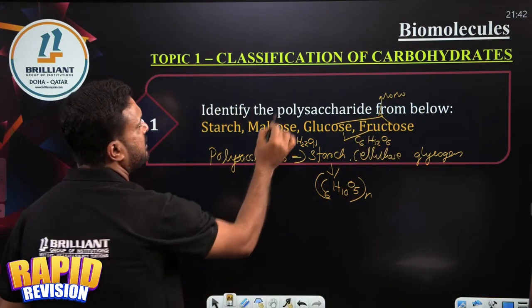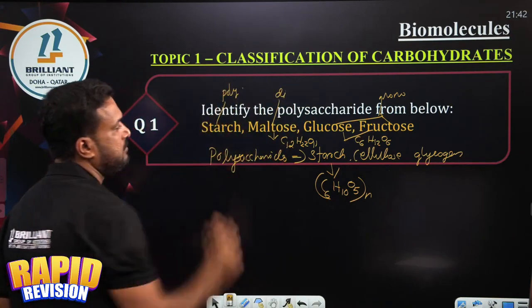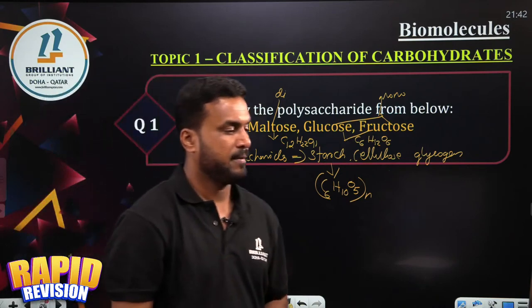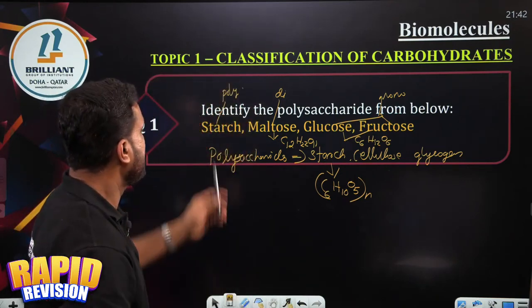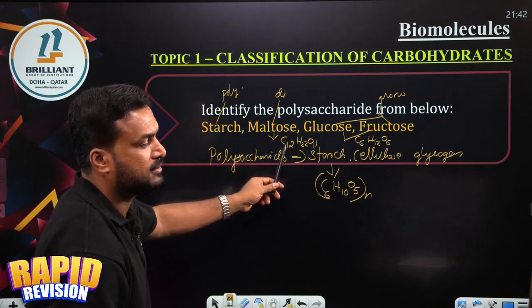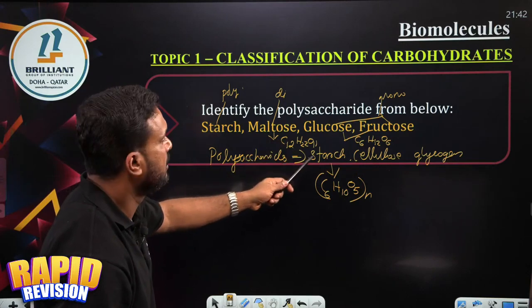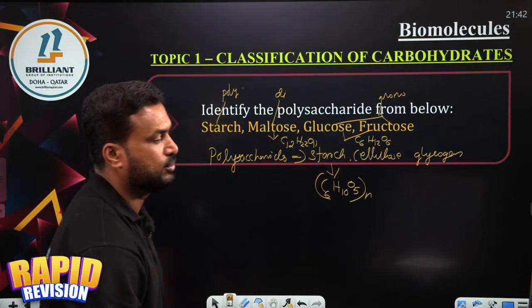Keep in mind: starch is a polysaccharide, maltose and sucrose are disaccharides, and glucose and fructose are monosaccharides.